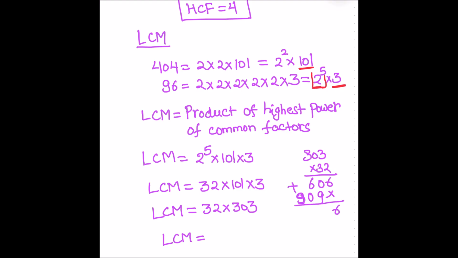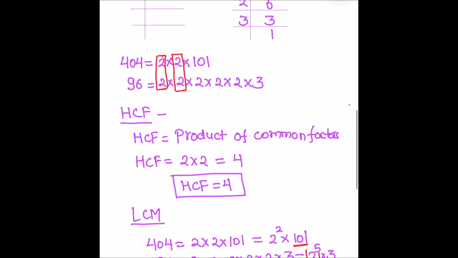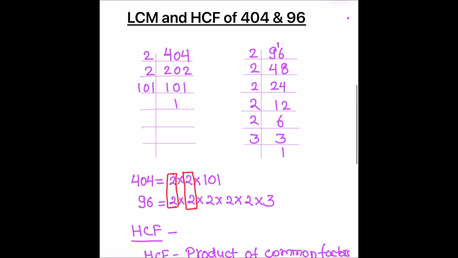So that's 9696. So 9696 will be the LCM of the two numbers. So this is how we find the LCM and HCF of the two numbers.